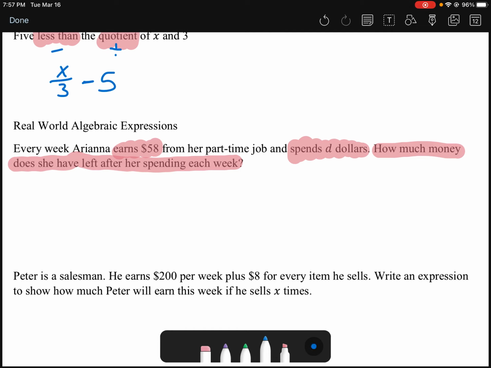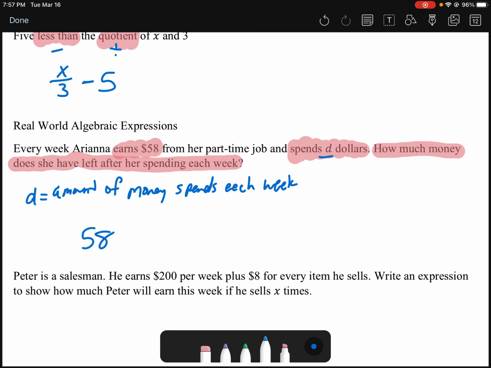So I'm seeing that we're using the variable D, and I know that D is equal to the amount of money she spends each week. She's earning $58, so we know that she has $58.